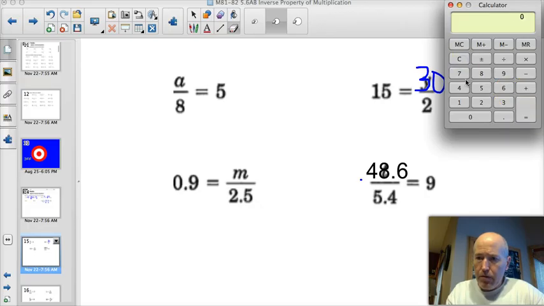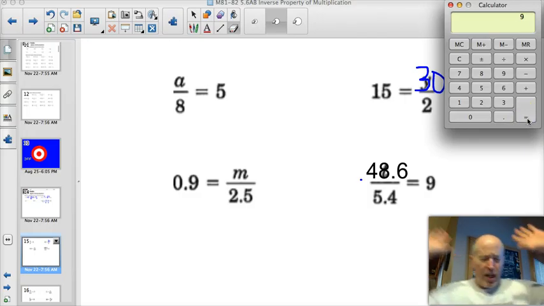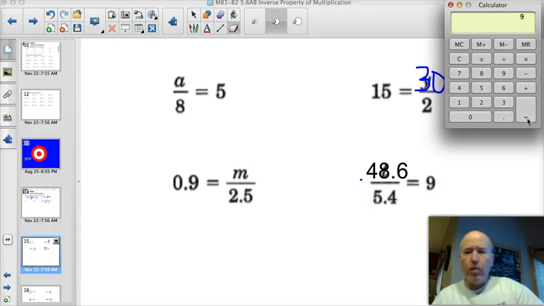I'm going to take 48.6 and divide it by 5.4, because that's what it means. And if we're living in a perfect world, that's going to equal 9. Get down. We got it.